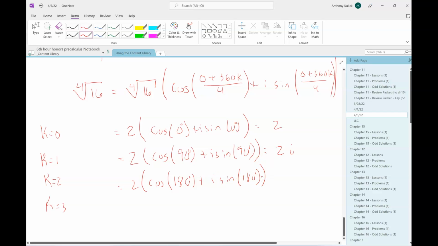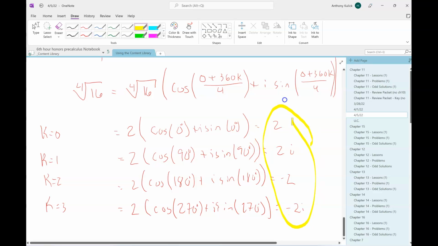Cosine of 180 is negative 1. Sine of 180 is 0, so that's going to give me negative 2. And when k equals 3, that's 1080 divided by 4, so that's 270. Cosine of 270 is 0. Sine of 270 is negative 1, so that'd be negative 2i.